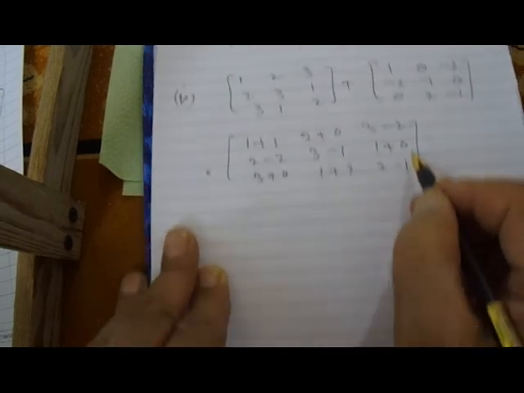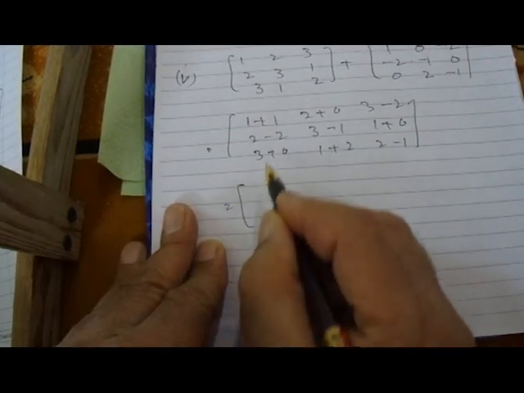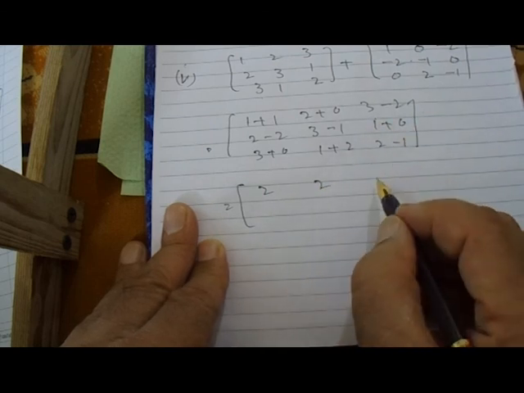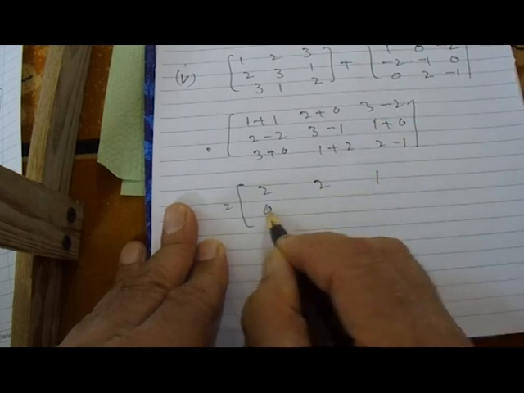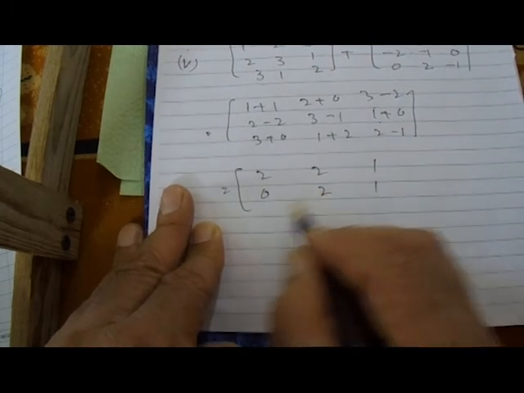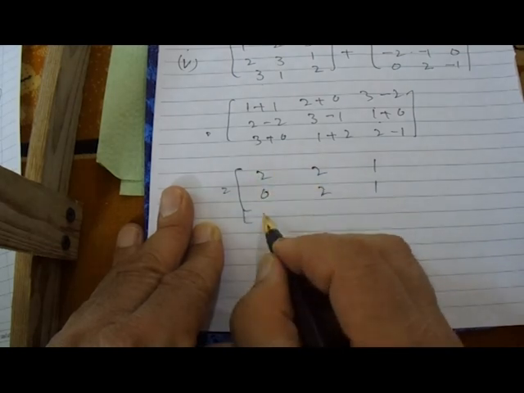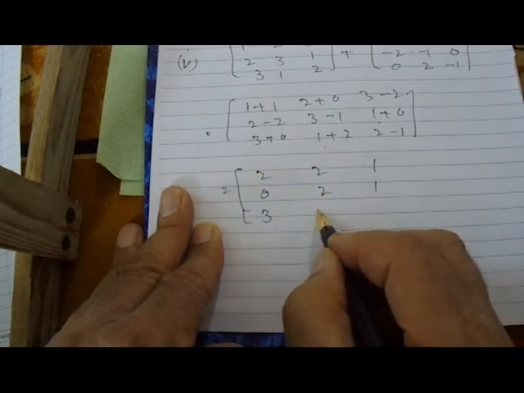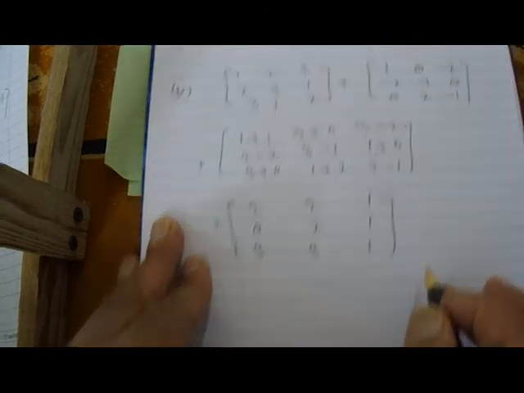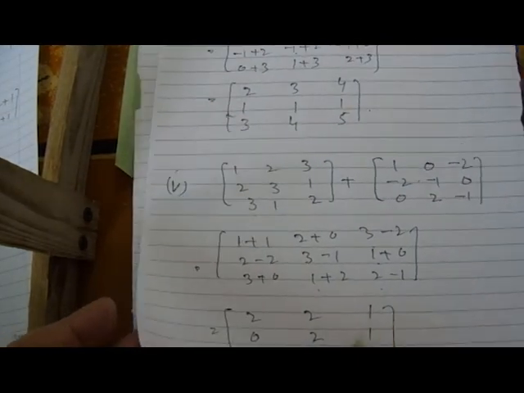Again write and get the answer: 1 1 2, 2 plus 0 is 2, 3 minus 2 is 1, 2 minus 2 is 0, 3 minus 1 is 2 and 1 plus 0 is 1. Again 3 plus 0 is 3, 1 plus 2 is 3 and 2 minus 1 is 1. Now it is the fifth part of this question.